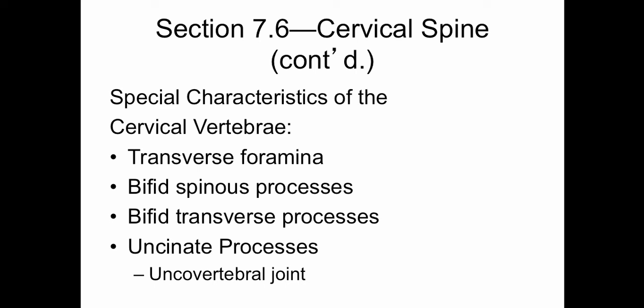The cervical transverse foramina allow two vertebral arteries to pass superiorly to the skull. The cervical spine also has a bifid process. This means that each spinous process has 2 points instead of 1, and these two aspects are known as the anterior and posterior tubercles. The cervical spine also has an uncinate process.